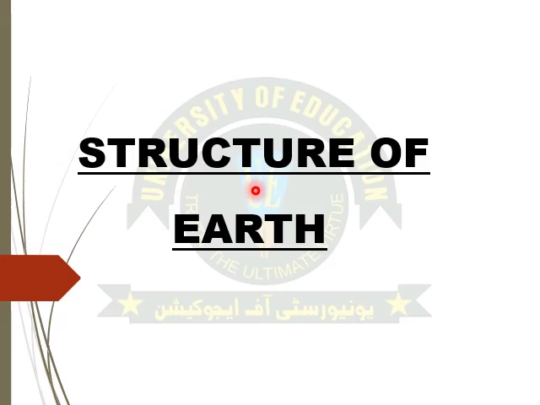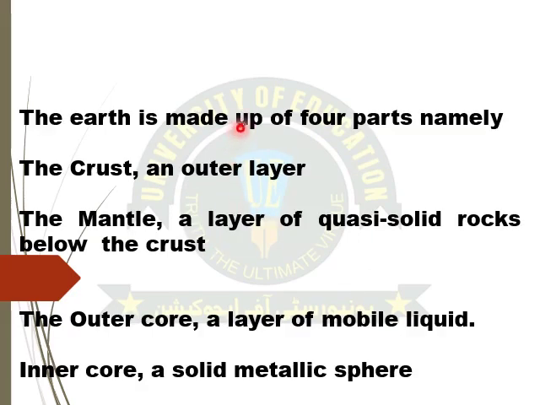Now we will talk about the structure of Earth. Firstly, we will discuss the different parts of Earth. There are four different parts of Earth, in which number one is the crust, also called the outer layer.